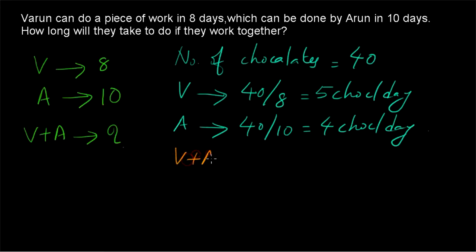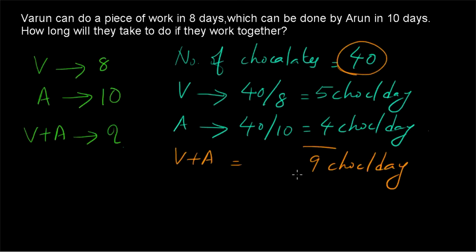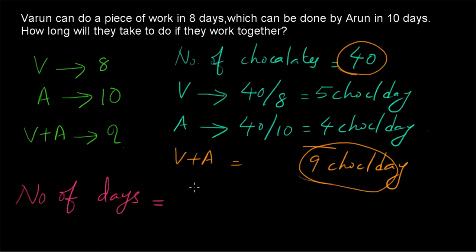So Varun plus Arun will be having 5 plus 4 is equal to 9 chocolates per day. The total number of chocolates is 40 and Varun and Arun together are having 9 chocolates per day. So number of days required if Varun and Arun are working together to complete the job will be given by 40 by 9 days. So it will be equal to 4 and 4 by 9 days when represented as a mixed fraction.